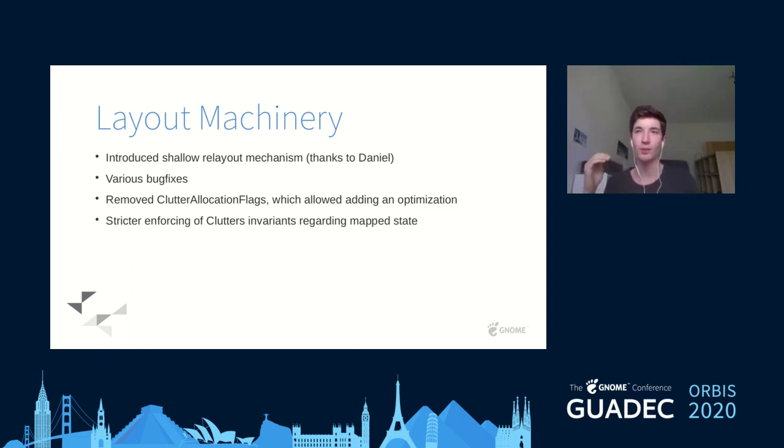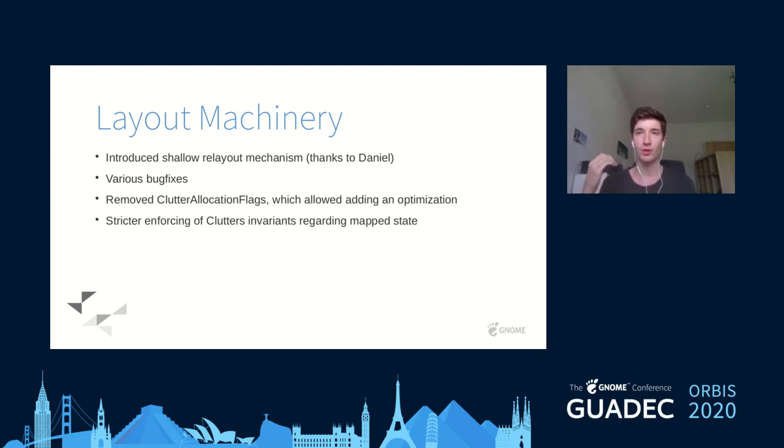So the next point, that was quite a big change in the layout machinery, was the enforcing of invariants. Basically, Clutter defines a few invariants for actors which are managed and set by Clutter itself. And one of those invariants is the mapped state. The mapped state basically says whether an actor is getting painted or not.